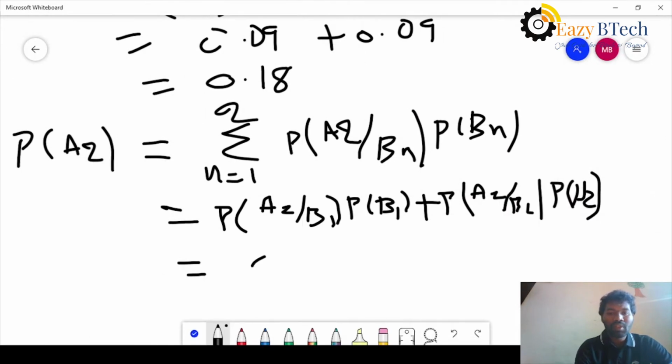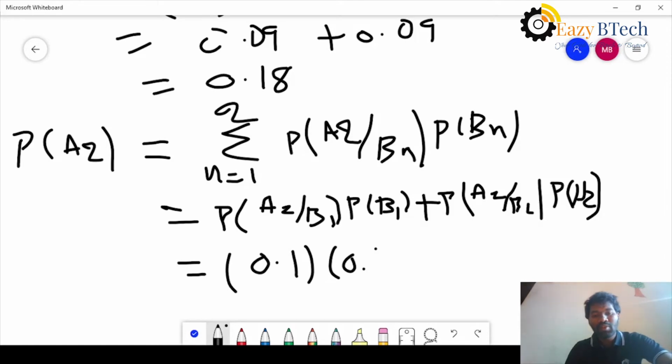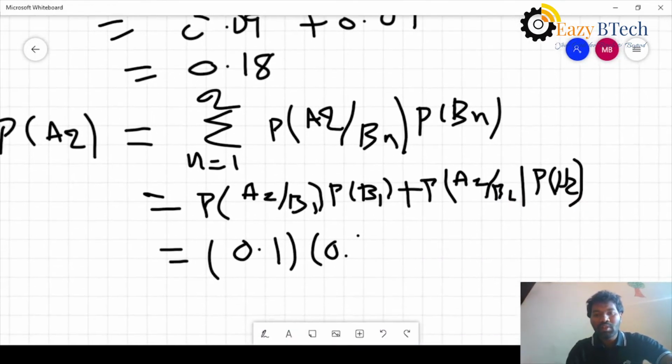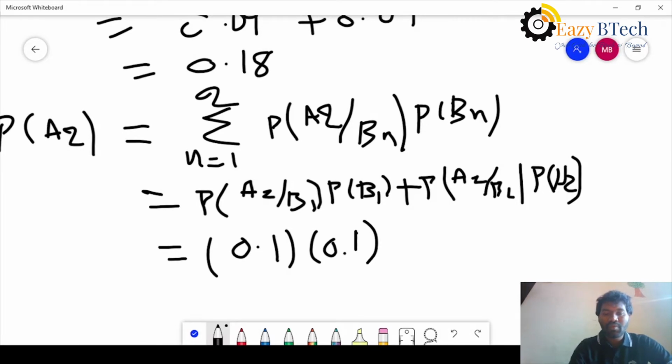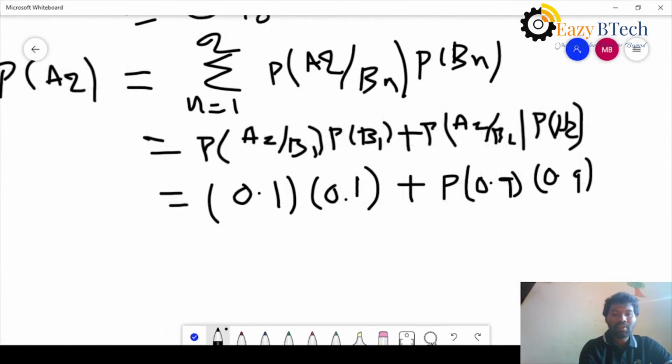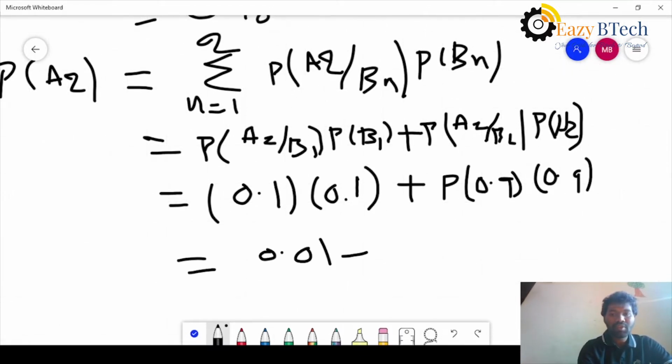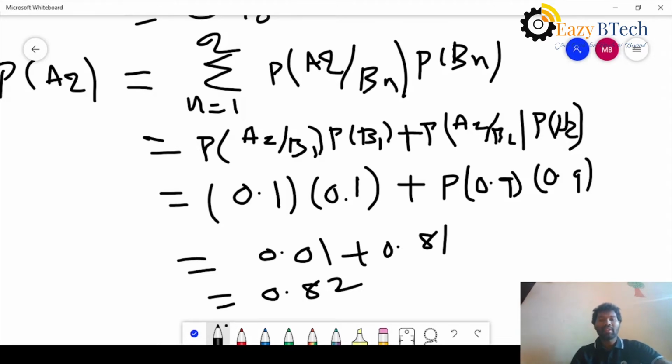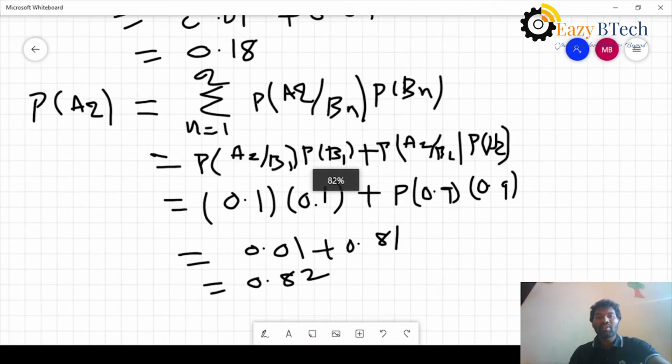So A2 given B1 equals 0.1 into P of B1, which we took in this problem as 0.1, plus A2 given B2, which is 0.9, into 0.9. If you compute this, what you will get is 0.01 plus 0.81, which is equal to 0.82. The probability of getting event A2 is 0.82.